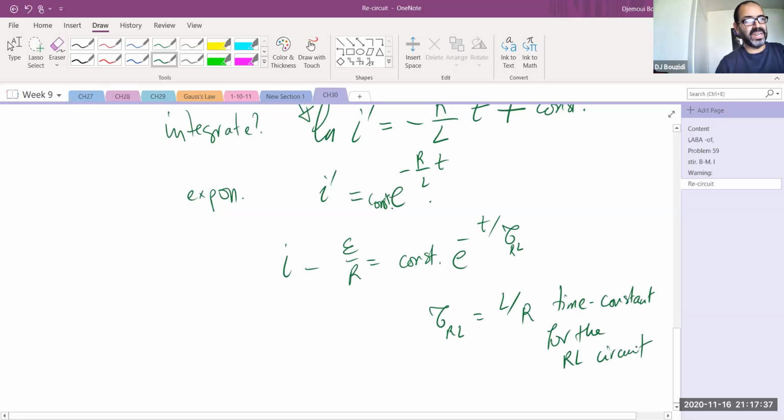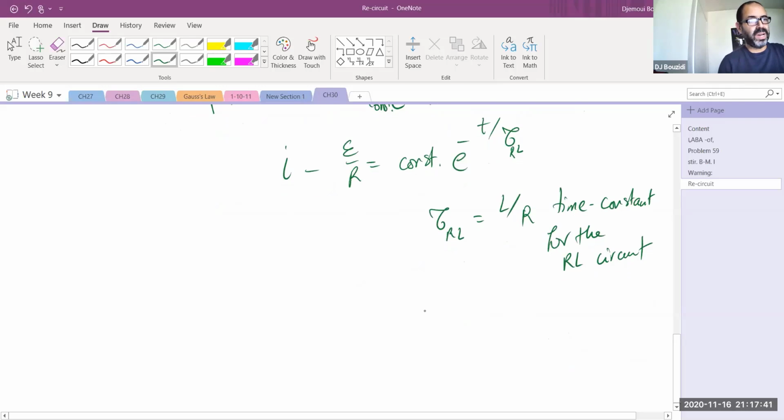When we did the RC circuit, we found another similar expression. We didn't call it tau RC then, but we called it tau. So it was simply R times C. This is the time constant for the RC circuit.